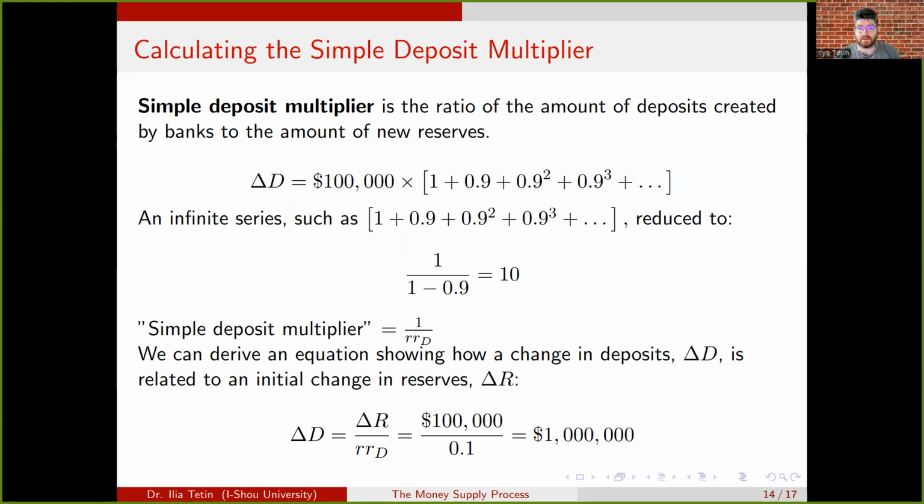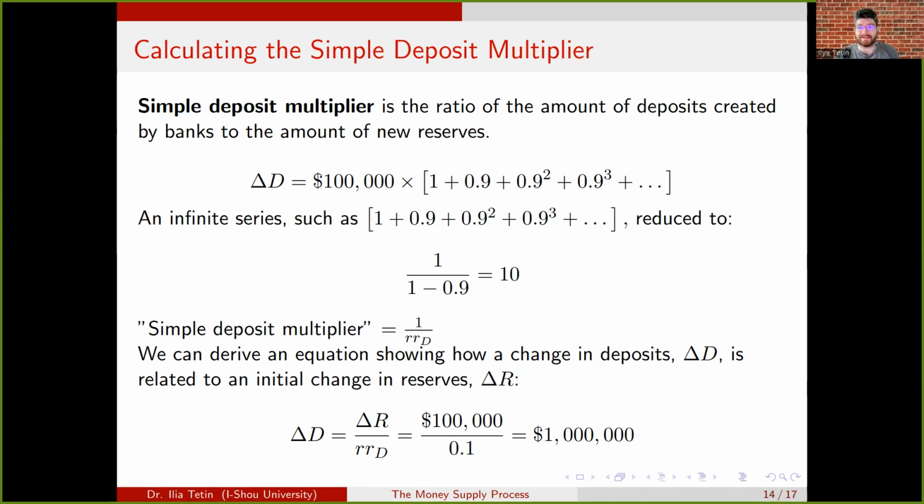Because we can calculate it with the expression: the infinite row 1 plus 0.9 plus 0.9 to the power of 2, 3, and so on and so forth. We can reduce this row by simple algebra to 1 over 1 minus 0.9, and this equals 10. So delta D equals 100,000 times 10, which is 1 million.